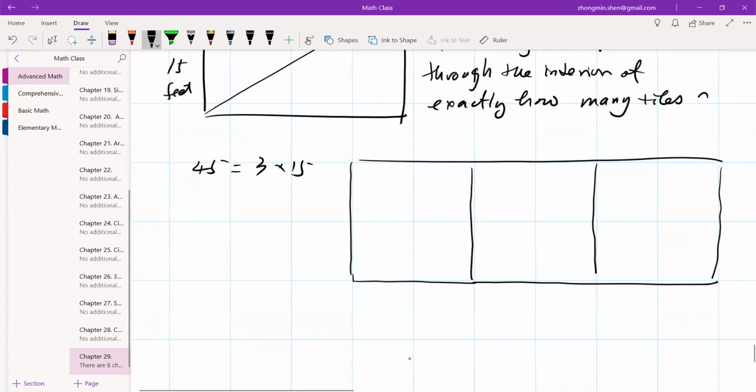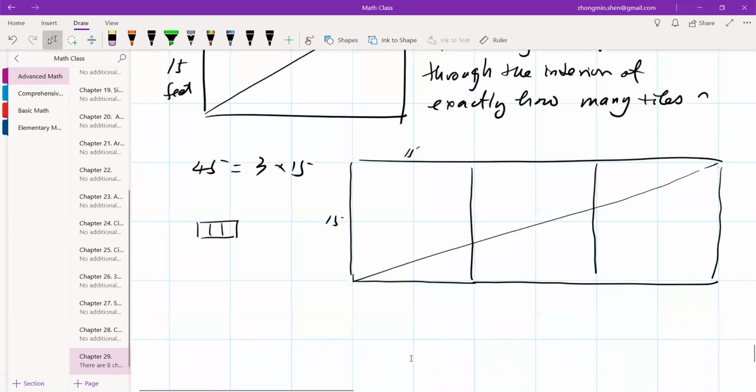Then you draw the line. What I'm going to do is put 3 tiles together in a group. So this is 15, 15, 15. With 3 tiles together, you can use 1 by 3 tiles to fill the whole area.